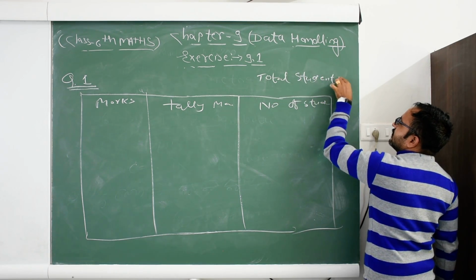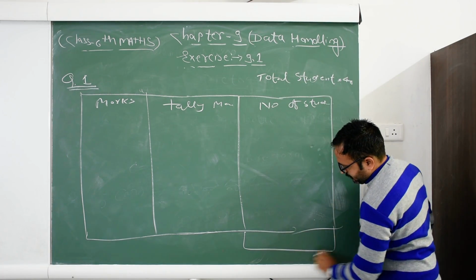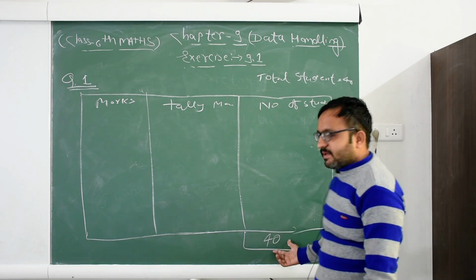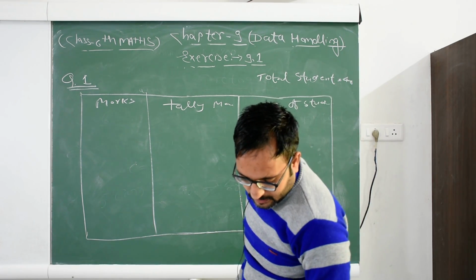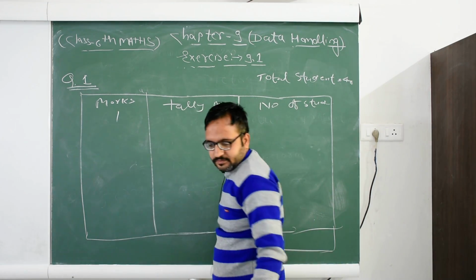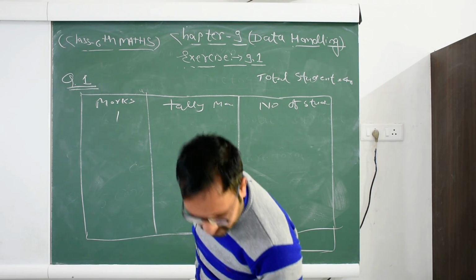Total students is already given as 40. That means our total will be 40. Minimum marks is 1 and maximum mark is 9.